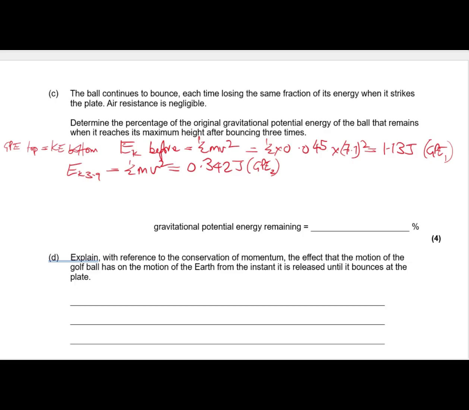So we can work out the percentage change, let's say. That will be equal to 0.342 over 1.13. If you put that in your calculator, don't times by 100. So that is 30.3%. And that's what's remaining.